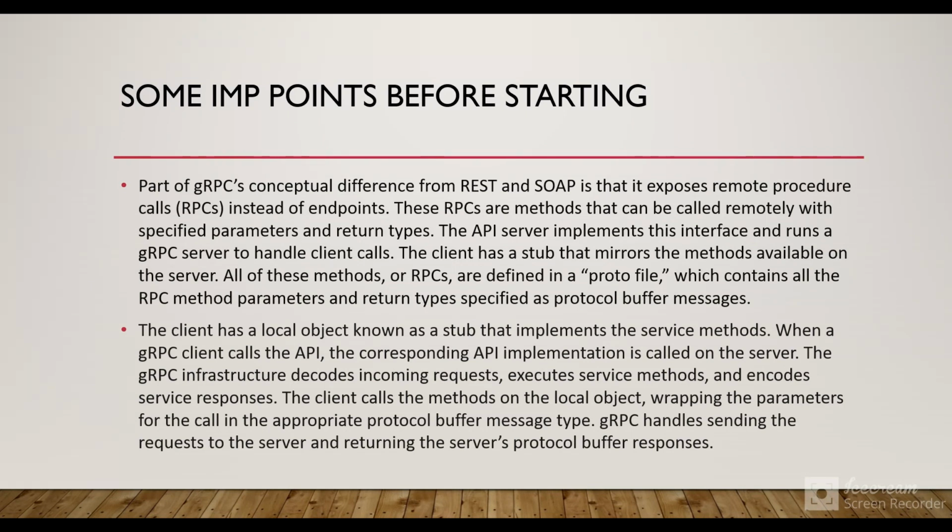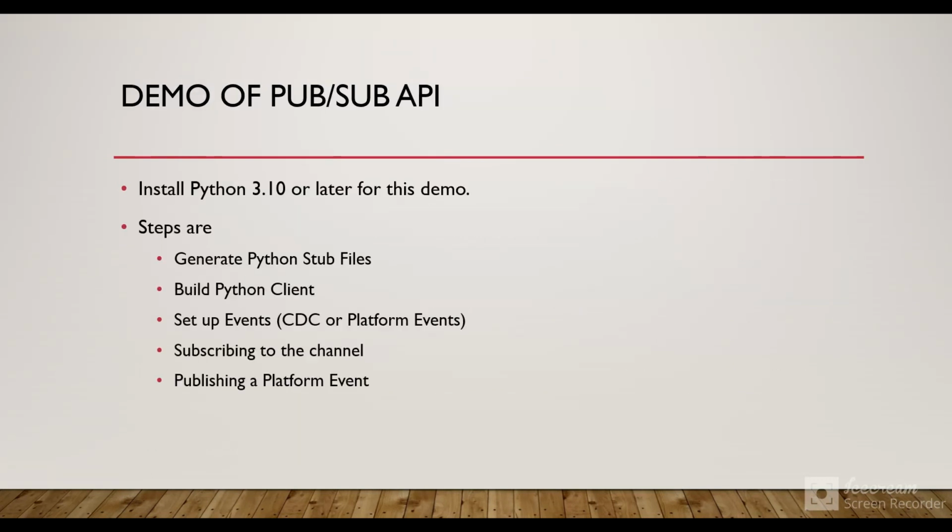So we'll provide all the inputs or arguments, and then we'll get the return response based on those arguments specified in the proto file, which we'll see. And gRPC handles sending the request to the server and returning the server's protocol buffer responses for us. That service is already handled by Salesforce, so we don't need to worry about that.